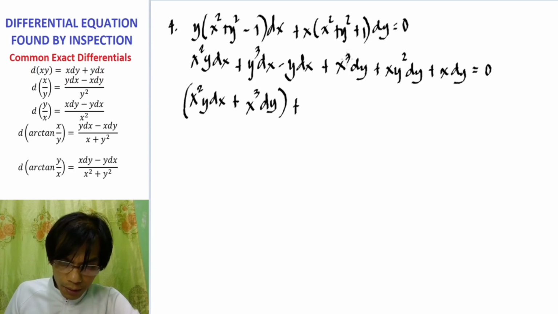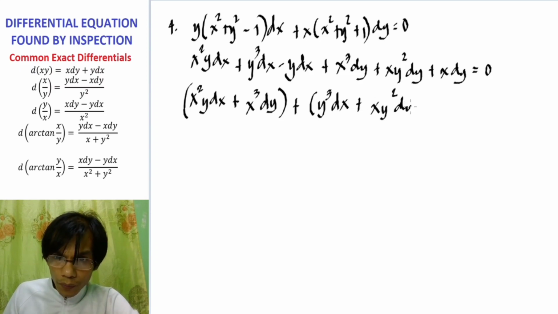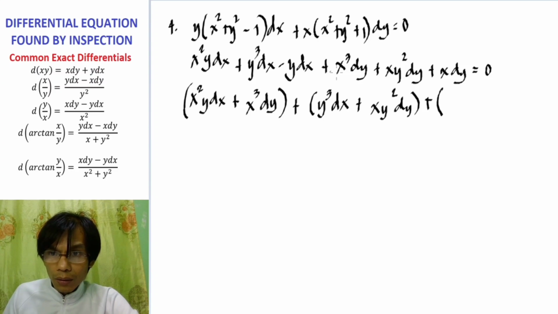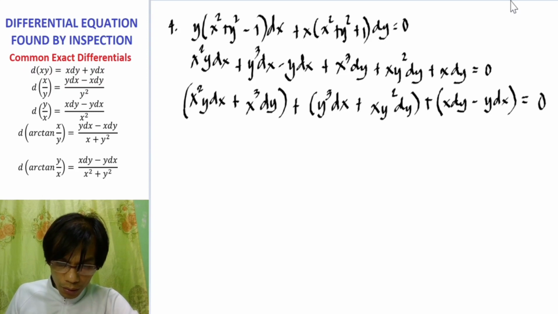Another group is y cubed dx plus xy squared dy. Plus we have this one, x dy. What is left is x dy minus y dx, and that is equal to 0.